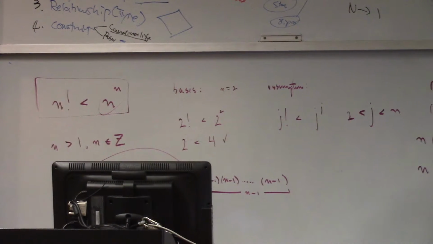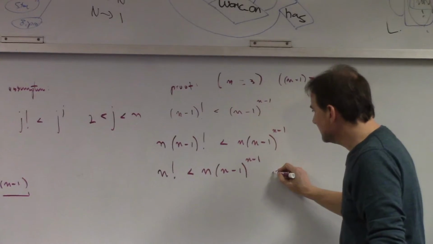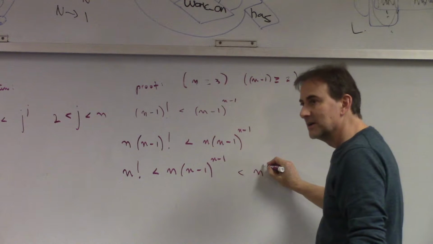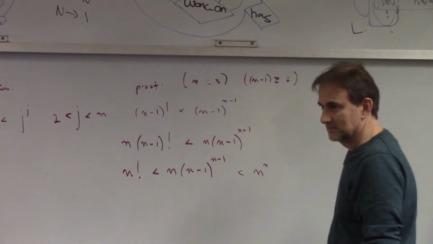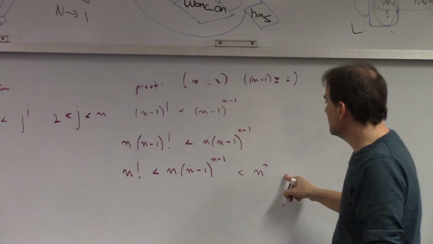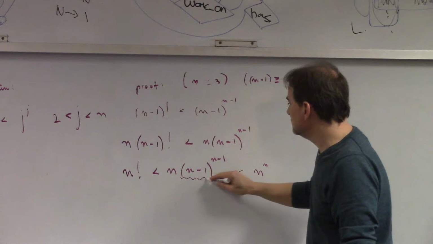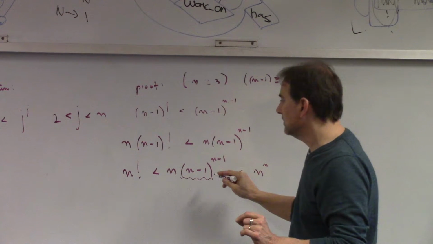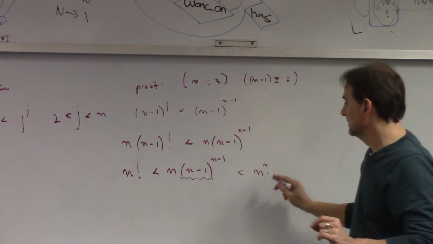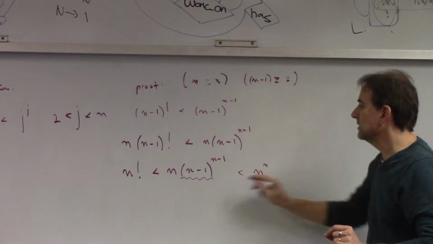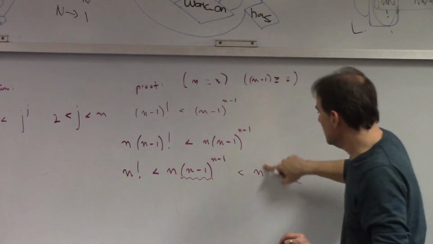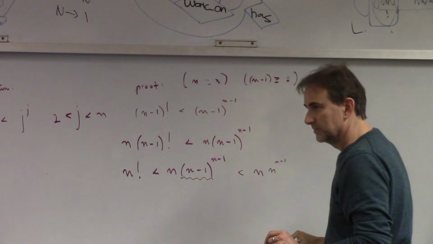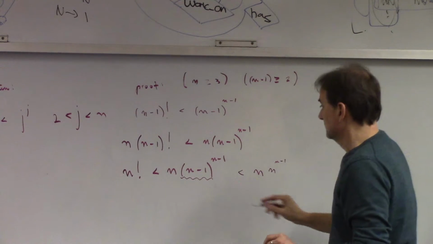So from that observation, I could say this is less than n to the n power. And the reason for that is because each of these factors will be a positive number greater than each of these. Remember, this is going to be n times, you can think of it as n to the n minus 1. So that's a match.